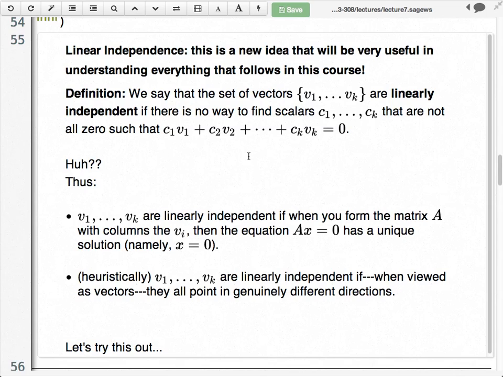You answered very clearly my badly worded question. Good question. He asks, if they were all the same, would they be linearly independent? Nope. Because then you could easily do minus 1 for that coefficient, plus 1 for that coefficient, and 0 for that one. So that doesn't work. I think you're pretty convinced there's no possible way that you can make them linearly independent. They're always going to be dependent.